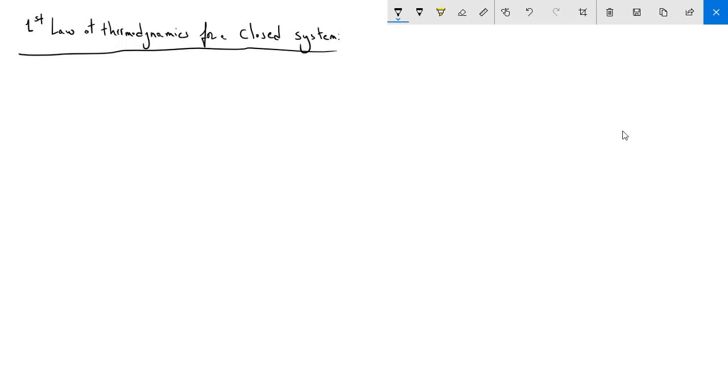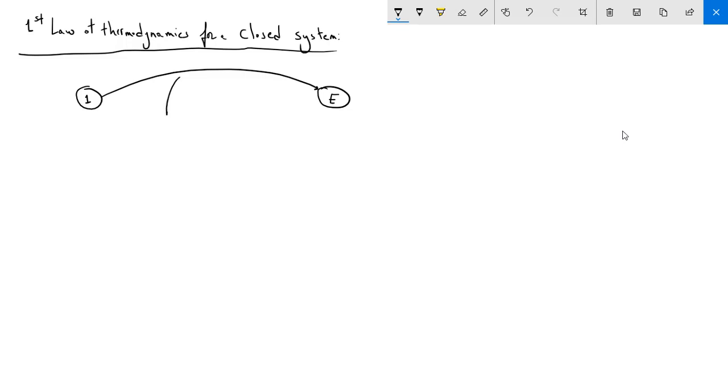So if we have a system at state 1 and due to some interaction with the surrounding, it now becomes at state 2. So how will the system interact?